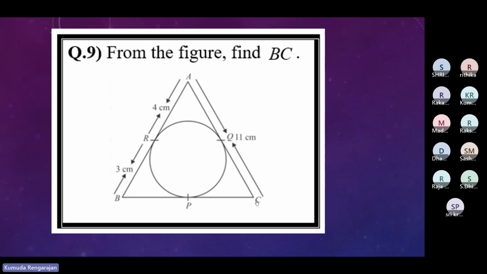That's wrong. Ma'am, AQ is 4 centimeters, because AR and AQ are equal. Madhumita, yeah, thank you. Just a minute. Let's clarify the thoughts which came to others' minds. Sashank, are you fine with this? 5.5 is incorrect. You agree?